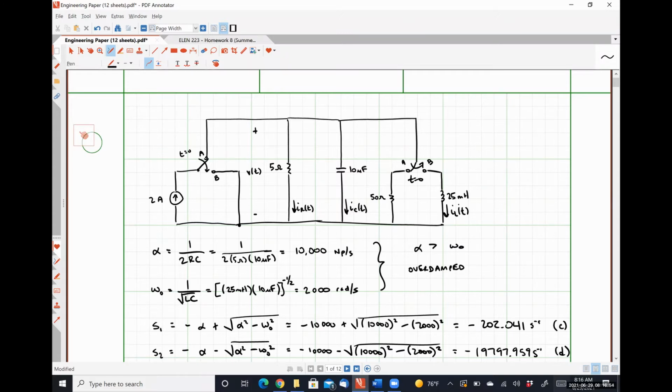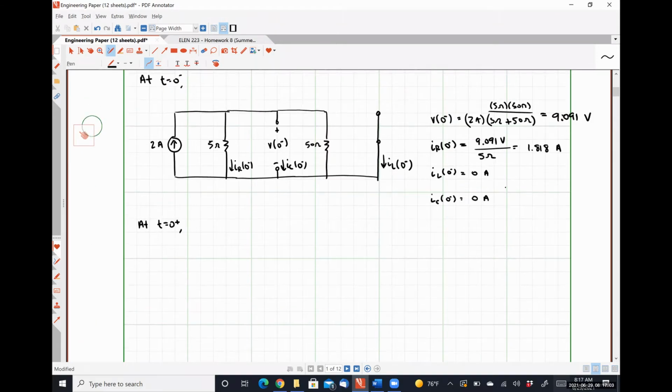So I'm going to replace my 10 microfarad capacitor with a voltage source. At this specific moment in time, what we have is our 5 ohm resistor doing what it needs to do. Here's IR at 0 plus. We have our capacitor, which we know has a fixed voltage of 9.091 volts across it, and a potential current of IC at 0 plus flowing through it.